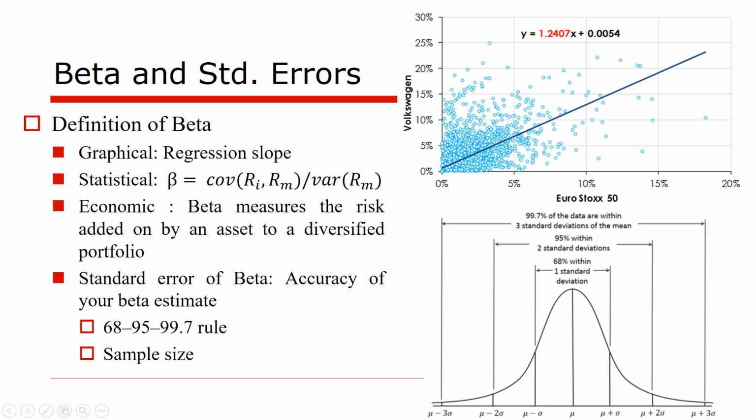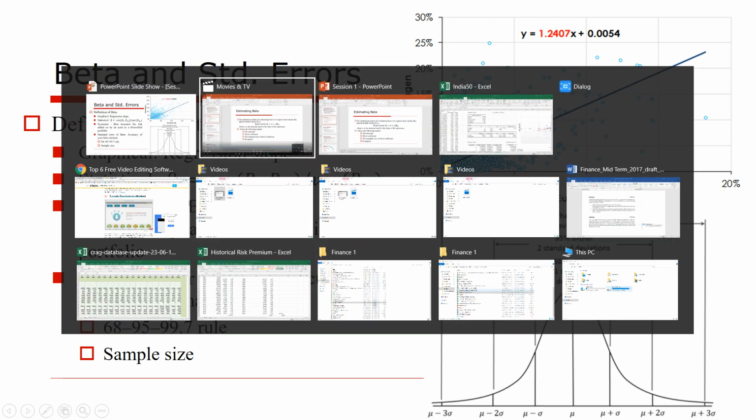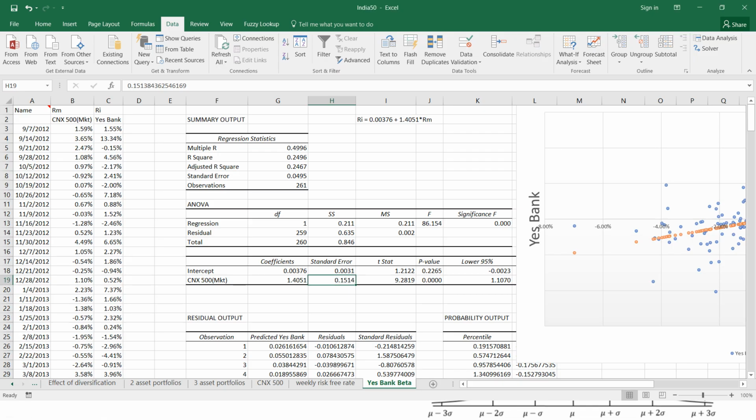With 68% probability, your beta would lie between 1.4 minus sigma and 1.4 plus sigma, and sigma is this 0.15, which means with 68% probability your beta lies between 1.4051 plus or minus 0.1514.